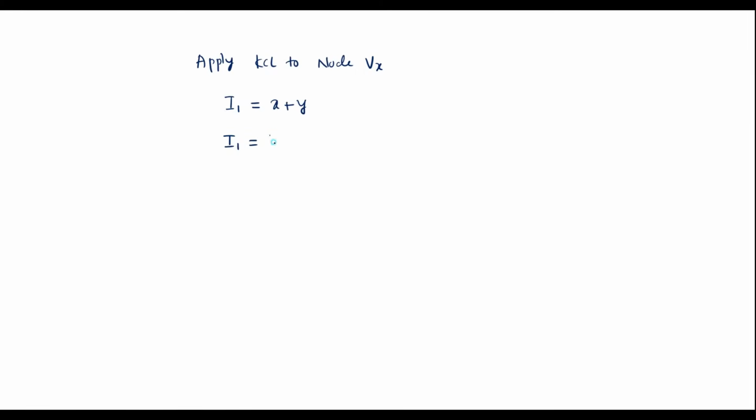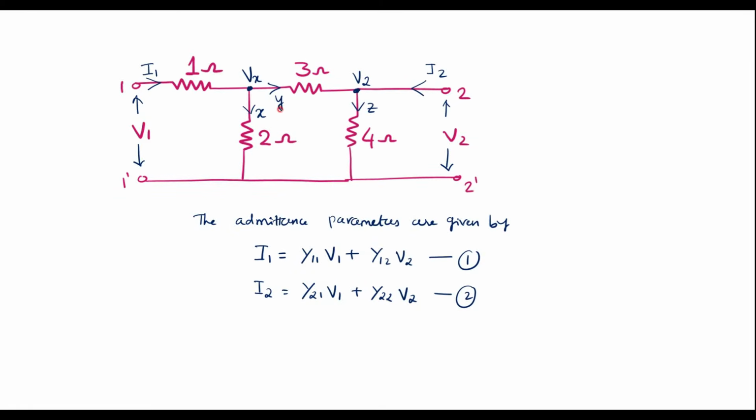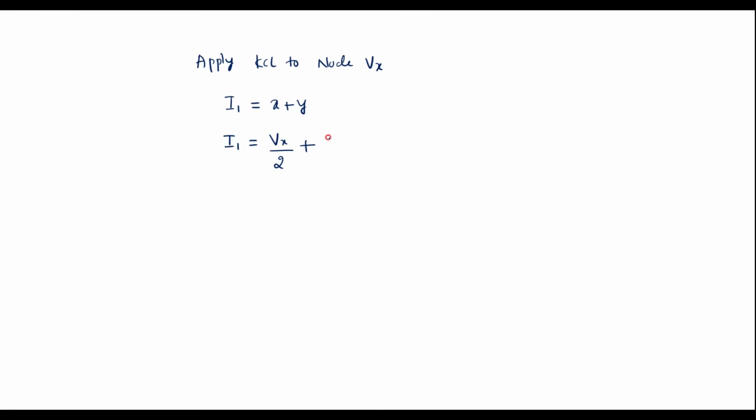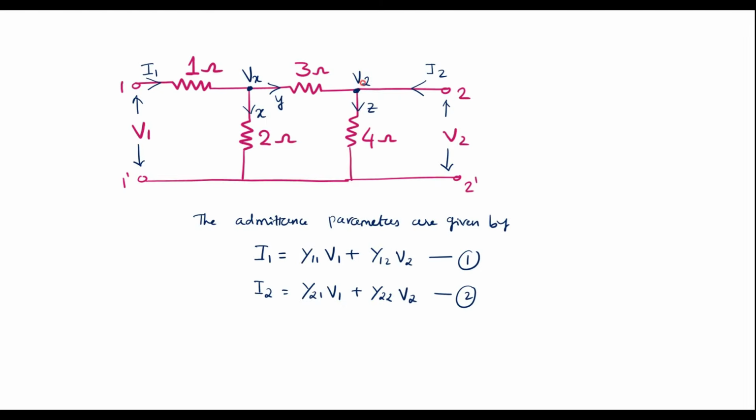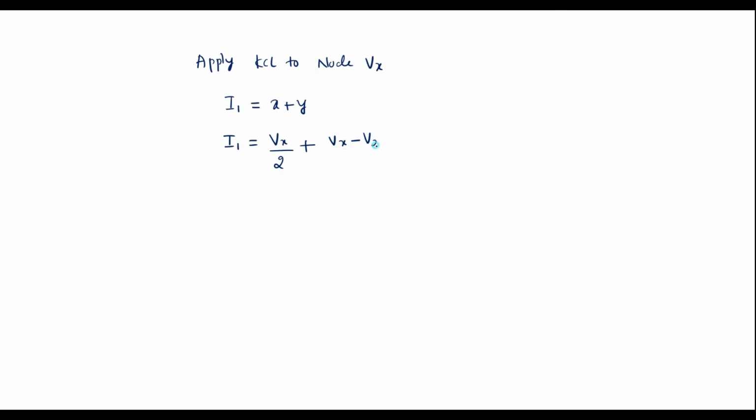Y is the branch current flowing from Vx towards V2, so Y is equal to (Vx minus V2) divided by 3. That is the potential difference between this node and this node divided by 3, because current is equal to voltage by resistor.